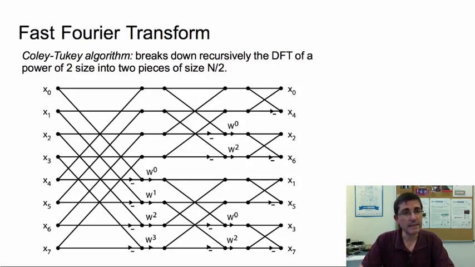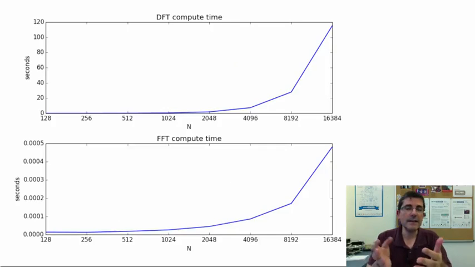In this case, this is the algorithm that was originally proposed by Cooley and Tukey. And here we can see a little bit the difference in computation time between the standard DFT and the FFT.